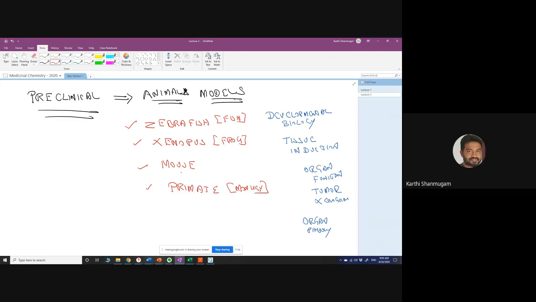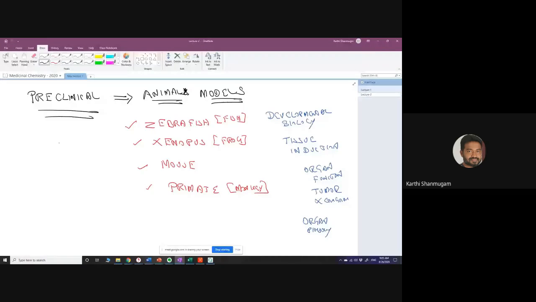Those are the preferred models. So far I said so many points. The take home message on how to choose the animal model is that whatever you want to understand about the disease should more or less exactly be mimicked by the animal that you are using. That's the point, right?